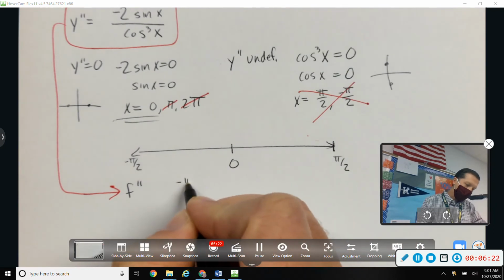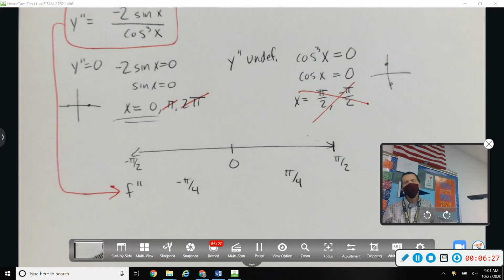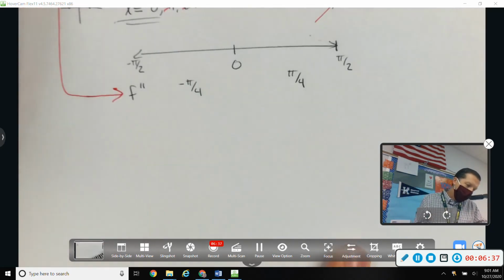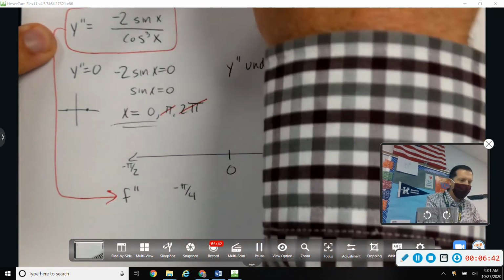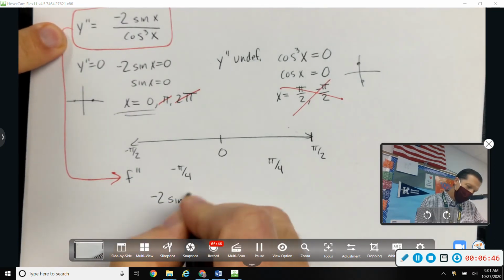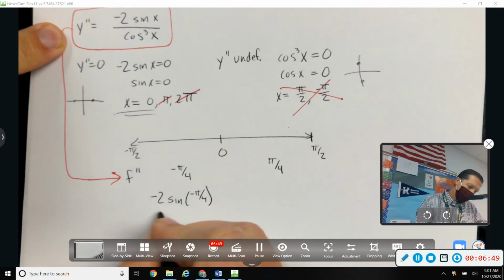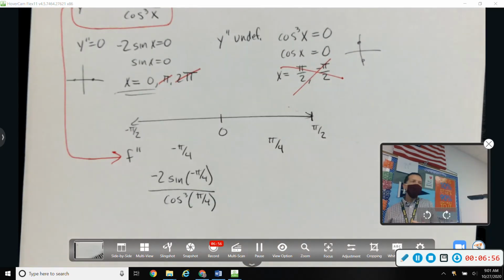So I guess I'm going to have to check negative pi over 4 and pi over 4. If you're more familiar with pi over 3 or pi over 6, you could check those too. So I'm looking back at the second derivative. Negative 2 sine of negative pi over 4 over cosine cubed of pi over 4. Well, the good news is all I care about is positives and negatives.